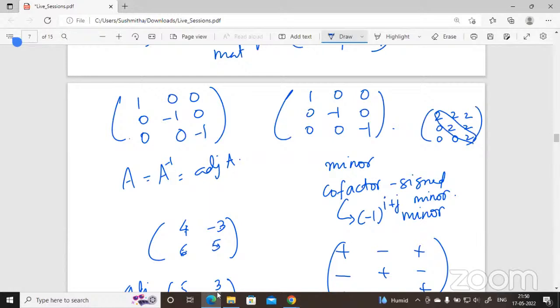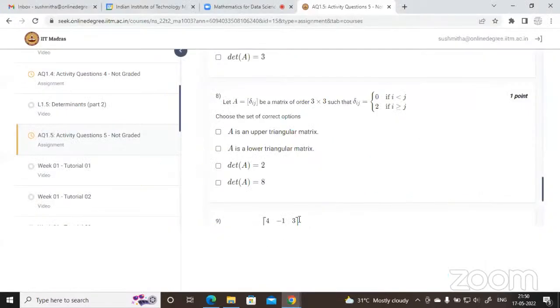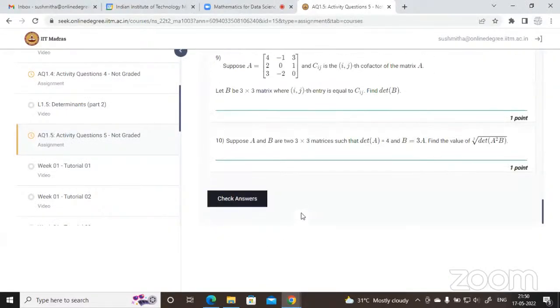One more question, ma'am. Question number 10: B is equal to 3A. Is it 3 times matrix A, and whatever the determinant of A is there? A squared means it will be 16, right?